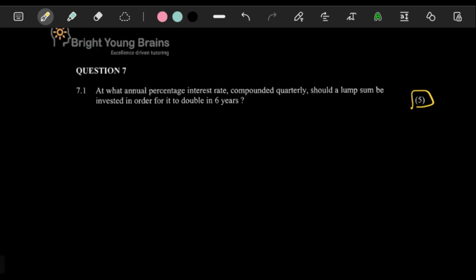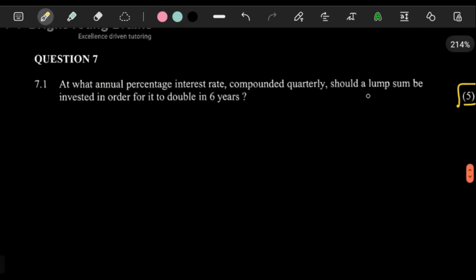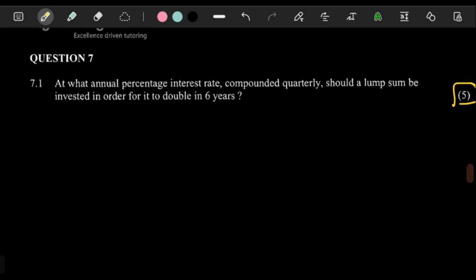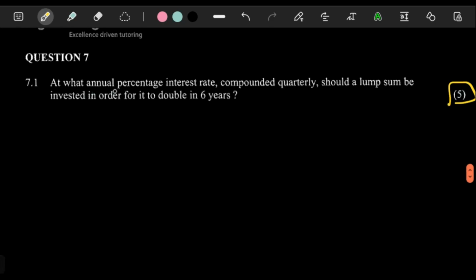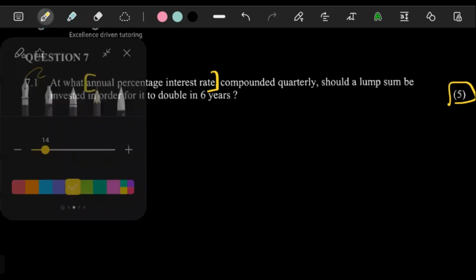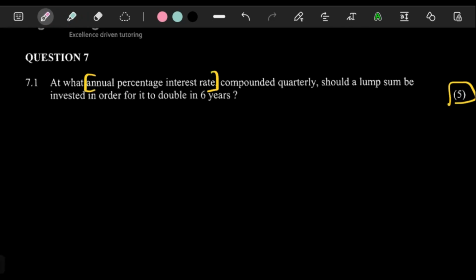compounded quarterly should a lump sum be invested in order for it to double in 6 years? Okay, I'll read this again nicely. At what annual percentage interest rate, compounded quarterly, should a lump sum be invested in order to double in 6 years?